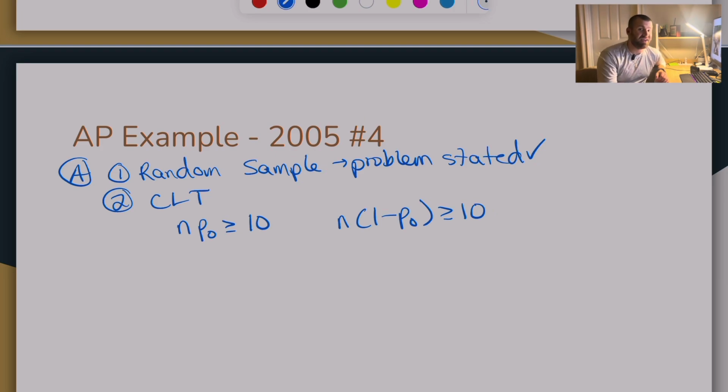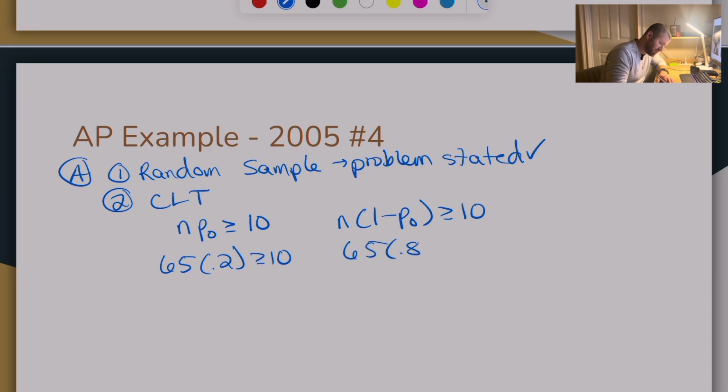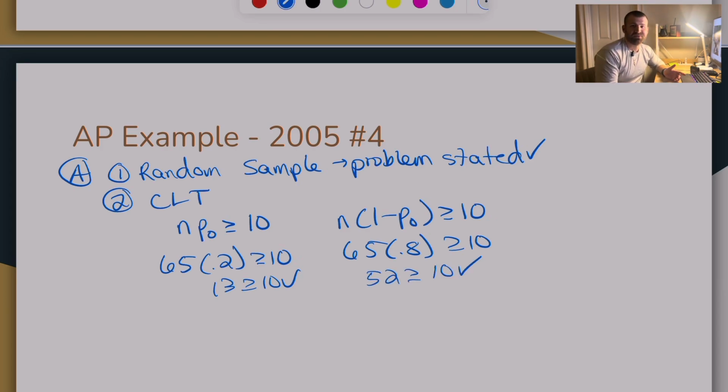It's no longer the 11 from the problem, it's using the 20%. So this is 65 times 0.2 greater than or equal to 10, and 65 times 0.8 greater than or equal to 10. That is true. 65 times 0.2 is 13, and that makes this 52, which is also greater than or equal to 10. So I am good to go.